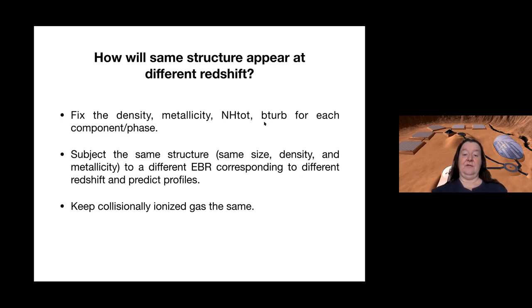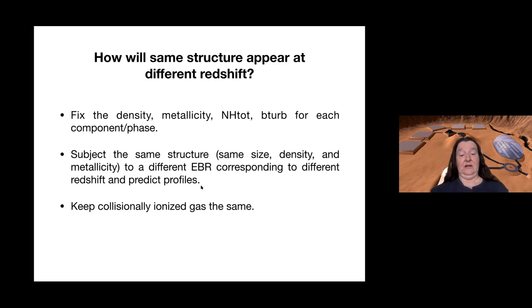So let's take a physical structure that existed at redshift 1, and let's plop that same structure down at redshift 0, where there's a different extragalactic background radiation. Really simple, nothing too terribly profound.